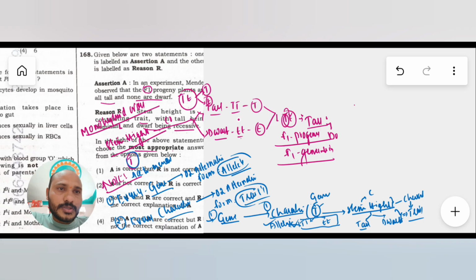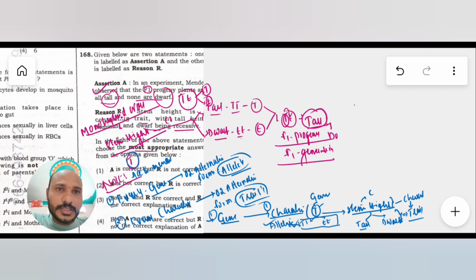Okay. So by analyzing all these things, we can now read the assertion and reason. In the assertion, in the given experiment, Mendel observed that F1 progeny plants are all tall, none are dwarf. Yes, in F1 progeny we get only tall plants. So assertion A is a correct statement.